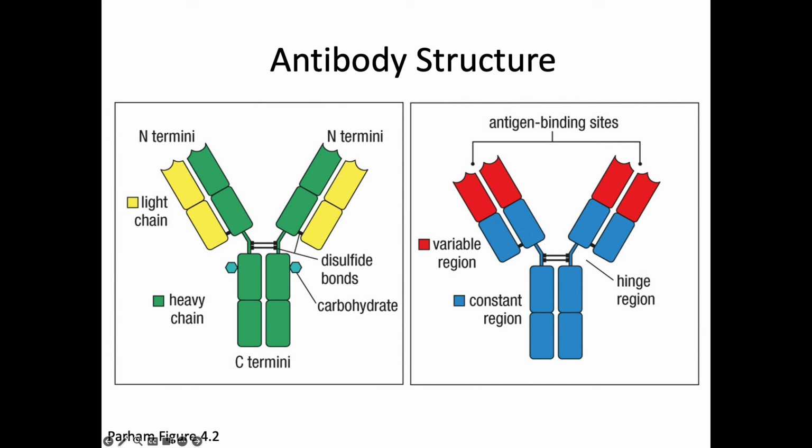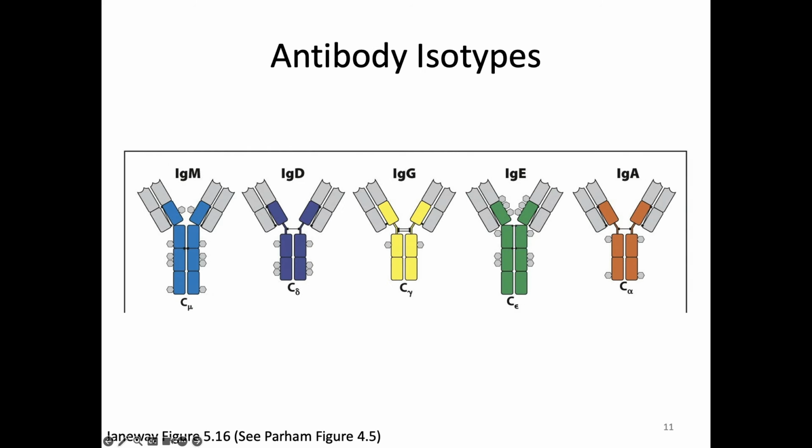We have names for those 5 different constant regions. So we actually can call those antibodies that have different constant regions different things. First of all, you can notice from this image and other images, the constant region is not what binds to antigen.